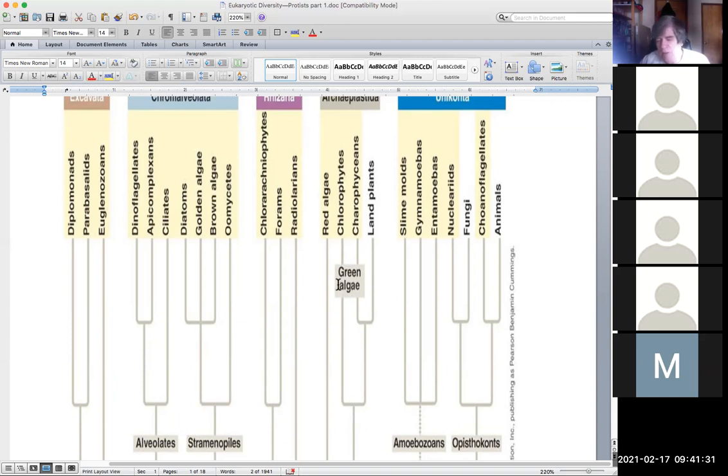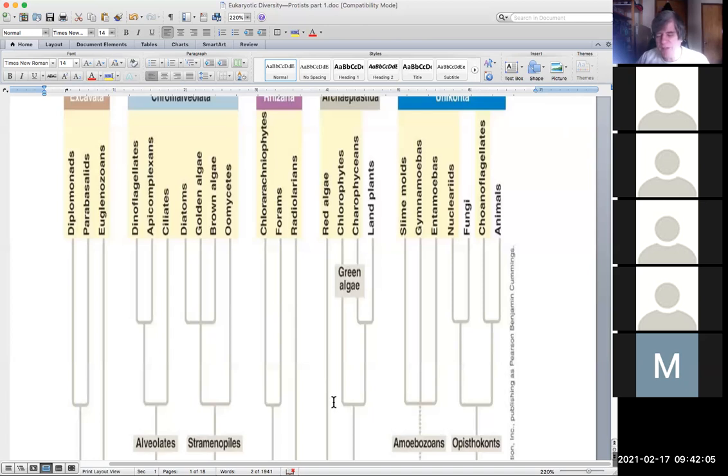So when we take green algae, we're taking something from one branch of the family tree and something from the other branch, and we're putting them in the same group. And according to cladistics, if we do this, then the green algae should include everybody in these two branches of the family tree. So it should include the chlorophytes, the charophytes, and the land plants. But we put land plants in a different group.